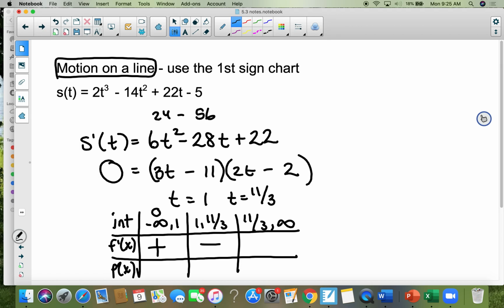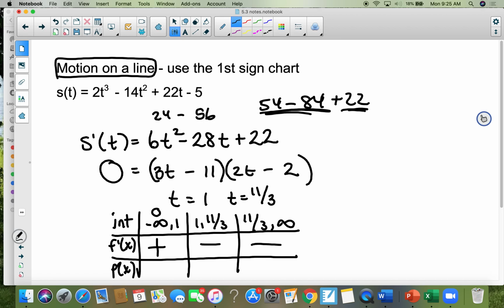When you plug 3 in there, you get 54 minus 28 times 3 is 84, plus 22, and this makes a negative, and this makes a positive. So it's still going to stay negative, and that's okay that it went positive, negative, negative.